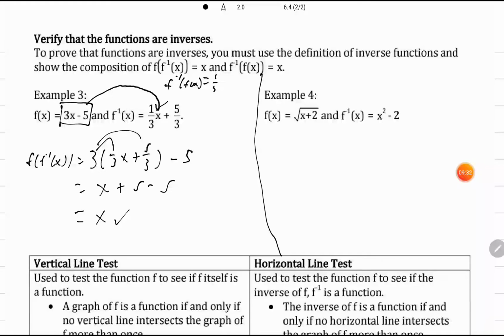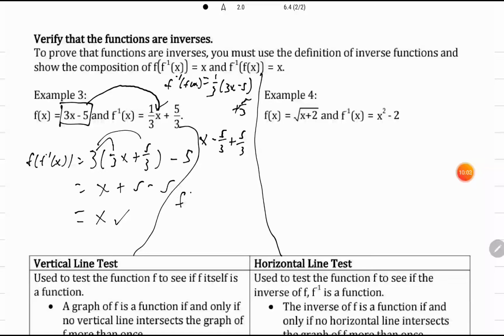So 1/3 of my 3x minus 5 plus 5/3. If I distribute, I will get x minus 5/3 plus 5/3.